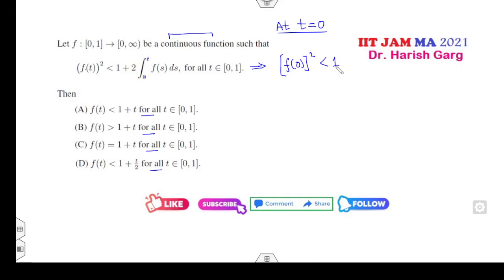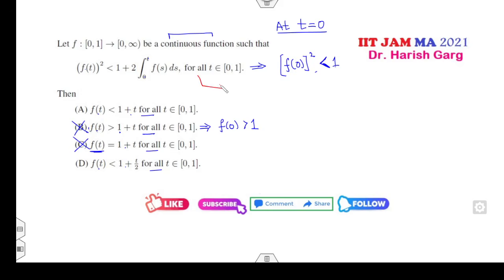So f of 0 must be less than 1. Again you can see f of 0 is less than 1, so the condition f of 0 less than 1 is satisfied.